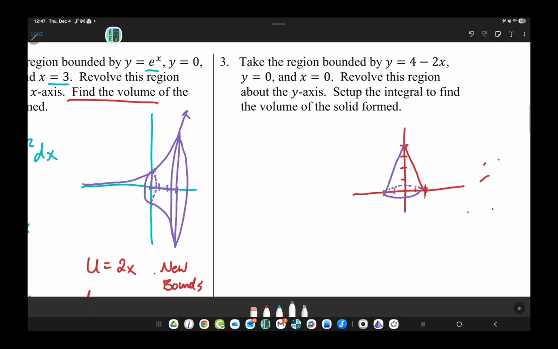Now, notice that this is revolving around the y-axis. Like I said before, if it's revolving around the y-axis, my functions need to be in terms of y. So if y is equal to 4 minus 2x, subtract 4, y minus 4 equals negative 2x. X equals negative 1/2 y plus 2.